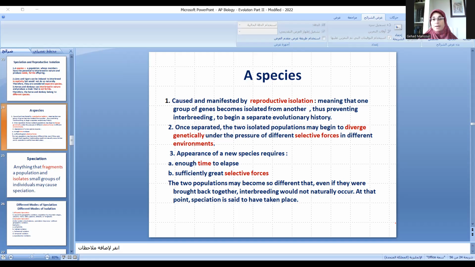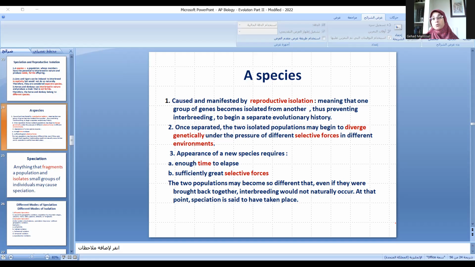So if we have non-disjunction during gamete formation, then one gamete might be 2n instead of 1n, and the other gamete will have 0 chromosomes. If the same occurred during sperm formation and we have a 2n sperm, notice that a 2n egg is totally abnormal, and a 2n sperm is totally abnormal. If they fertilize each other, we would have a 4n individual.